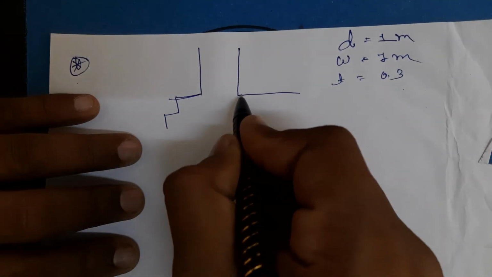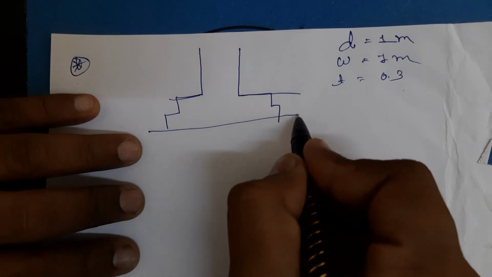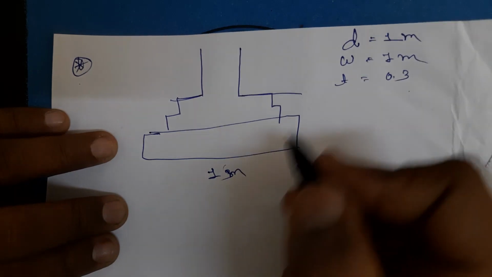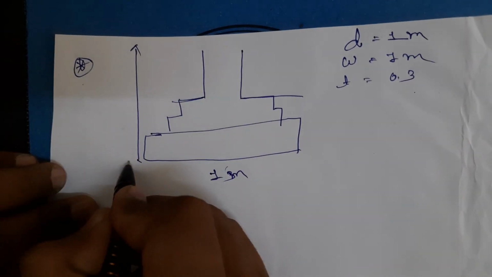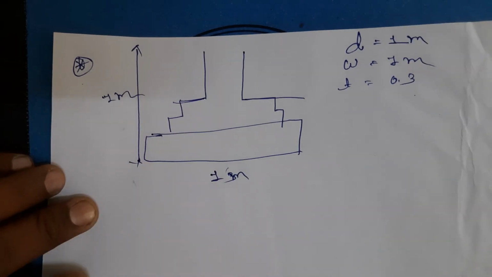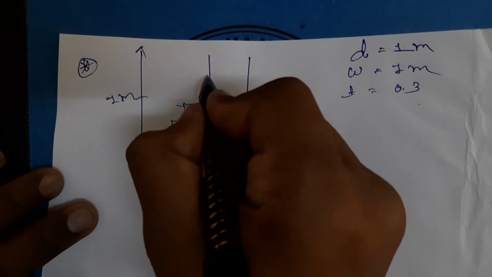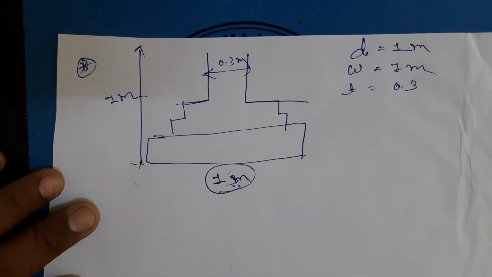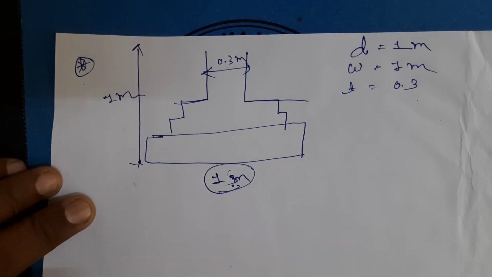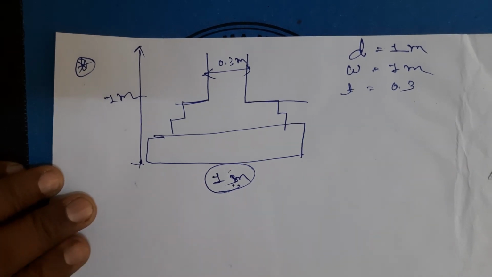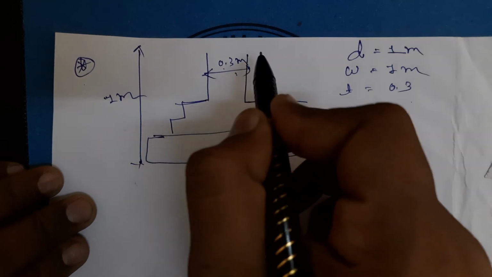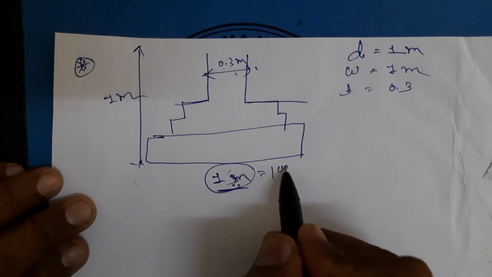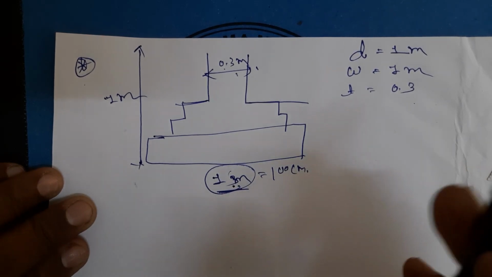Okay, something like this. Okay, this is your 1 meter depth and 1 meter is width. Now from 0.3 meter to 1 meter. Okay, you know the width is increasing from 0.3 meter at ground level to 1 meter, or you can say 100 centimeter at the base.